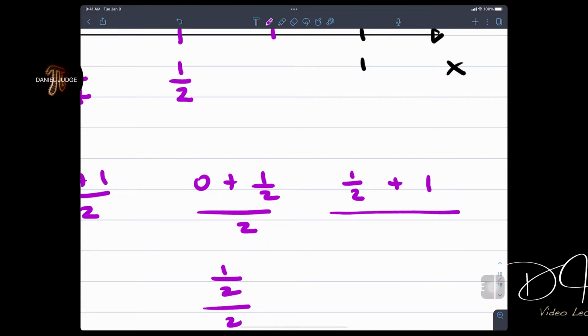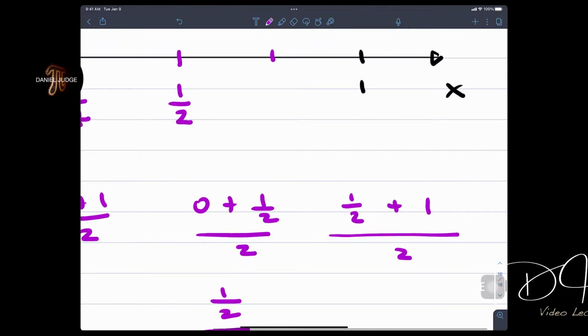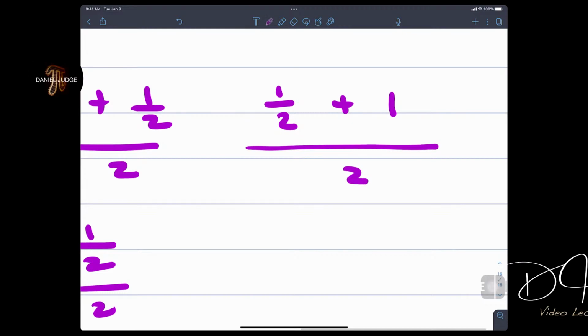One half plus 1 now divided by 2. We need halfway between 1/2 and 1. So you have a whole number added with a fraction. You replace the 1, ladies and gentlemen, with 2/2 because you do need that denominator to be the same.